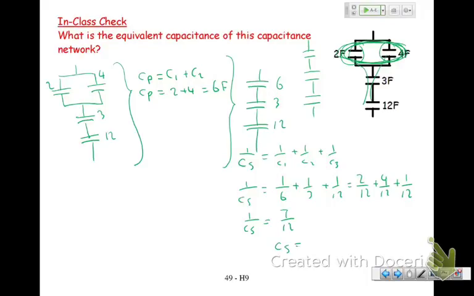So C series is equal to 12 over 7, which equals 1.7 farads.